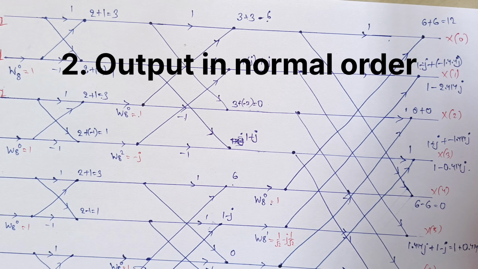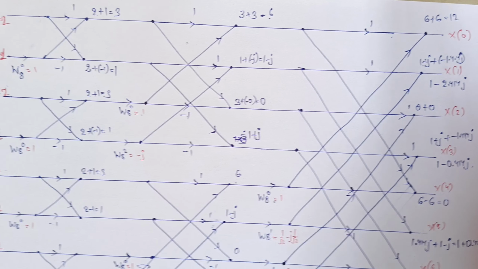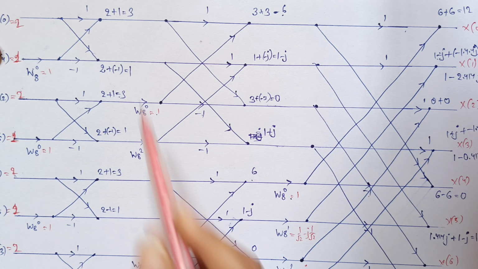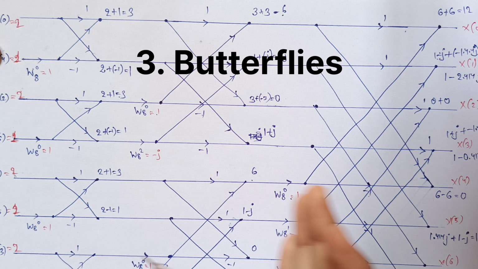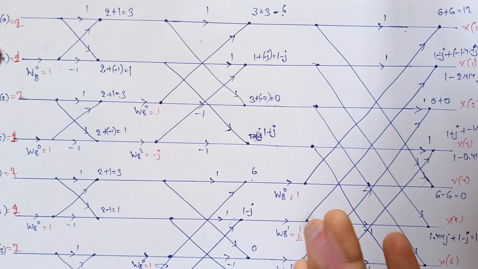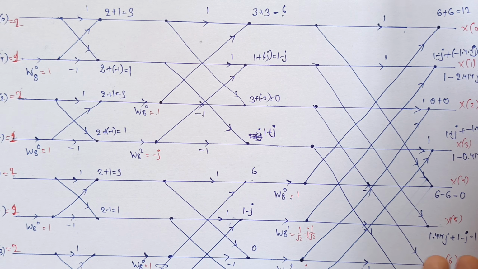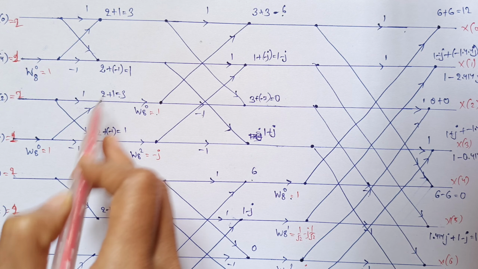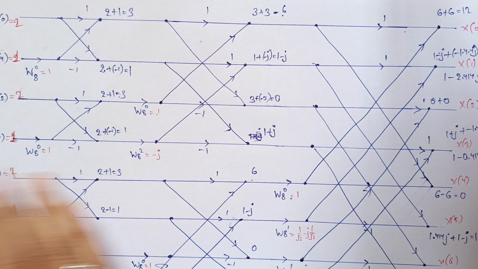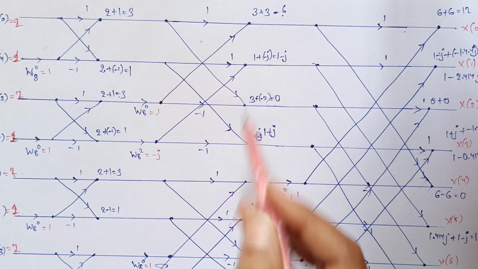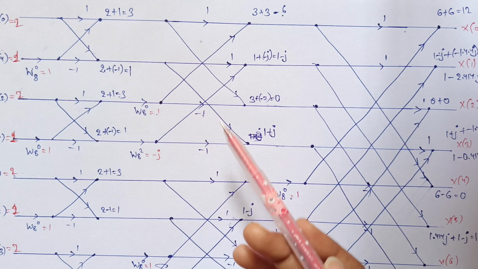The output will be in normal order only, and we have to take butterflies like this, and as we move towards the right hand side, the butterfly will overlap on another butterfly. So first we drew only one butterfly independently. On the next line we drew one butterfly on another.